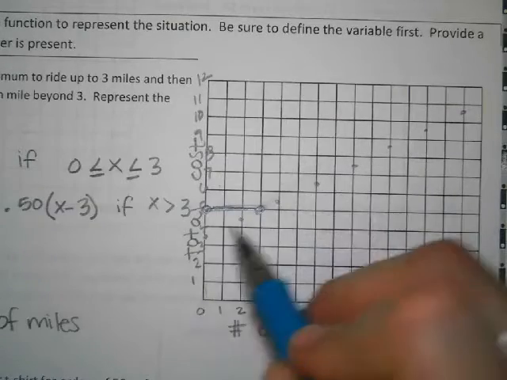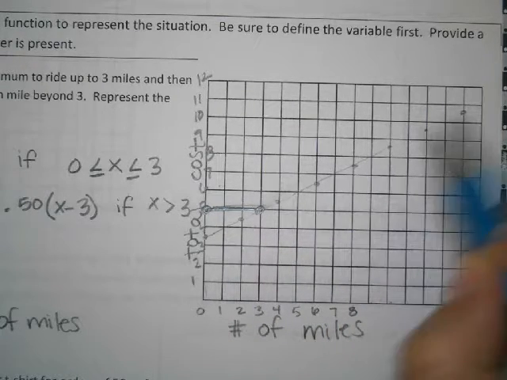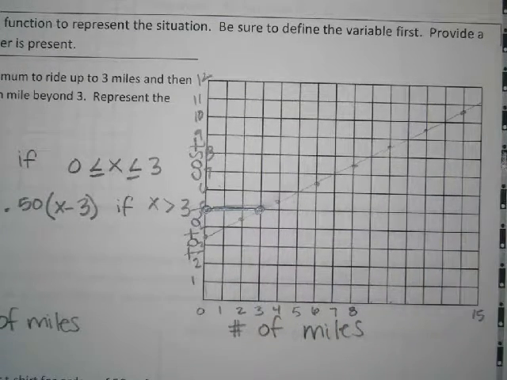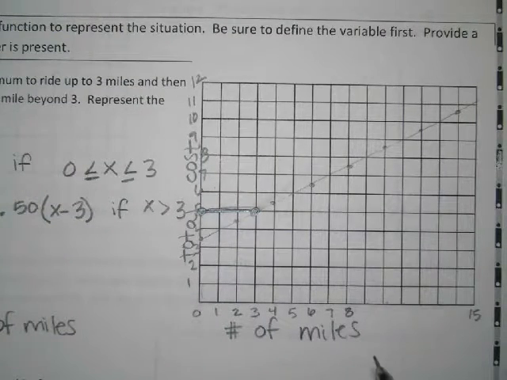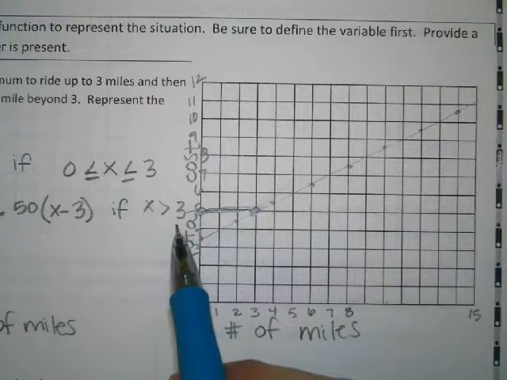and I'm going to lightly draw that graph in. And what part of the graph am I keeping? Says x is greater than 3.